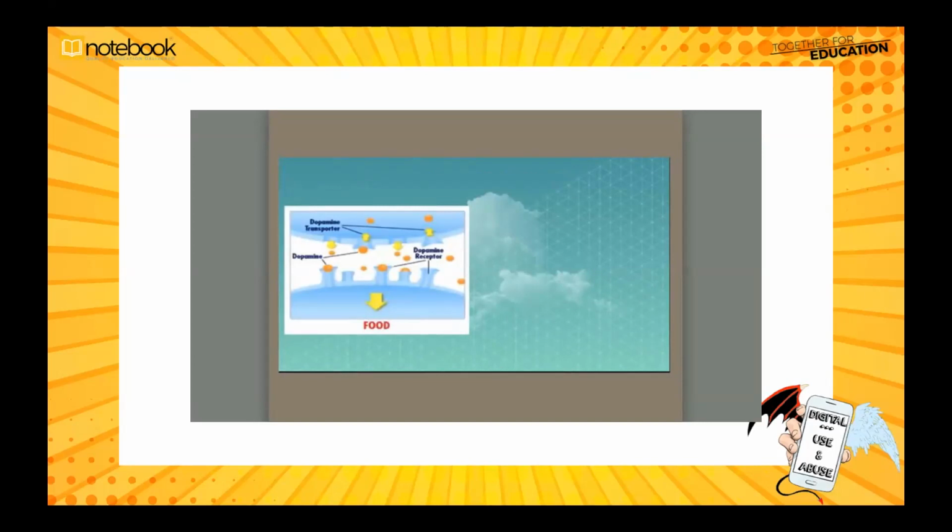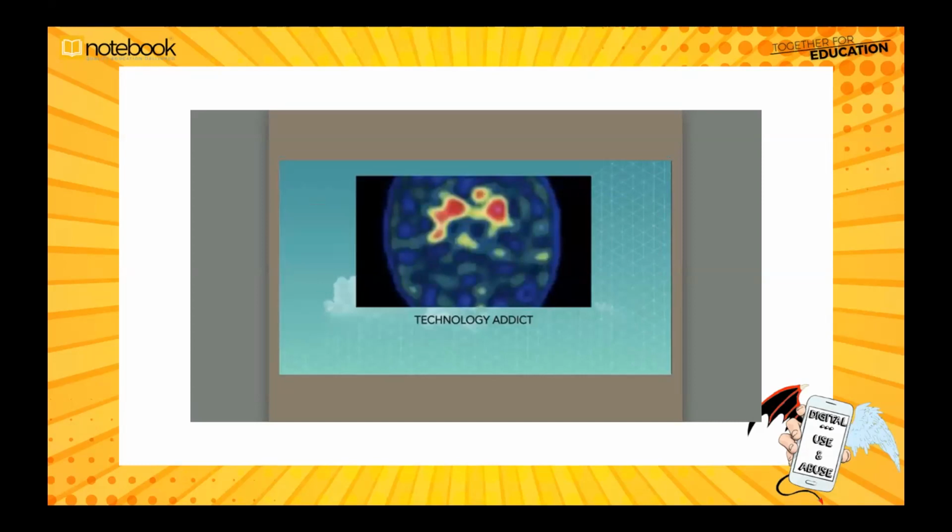So let's look at what it is to be a technology addict, right? First we discussed a normal brain, then a drug addict, and now we come to our topic of discussion, addiction to technology.